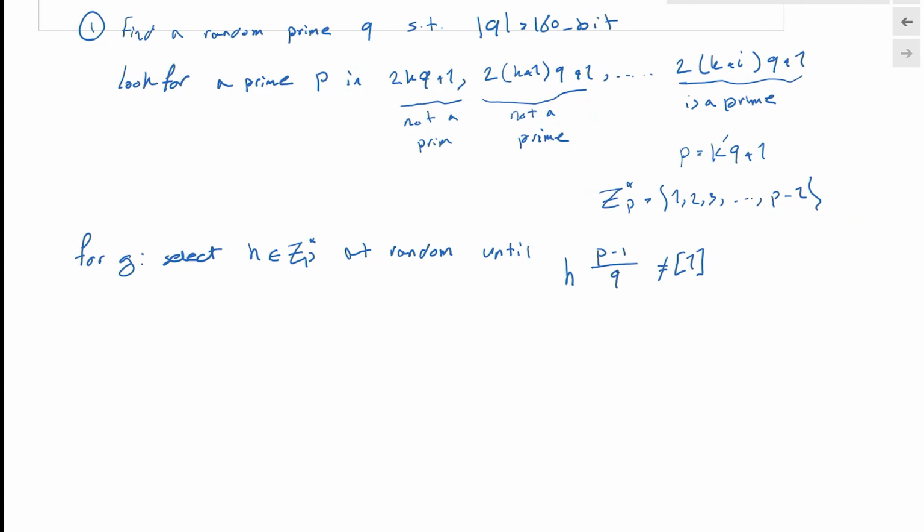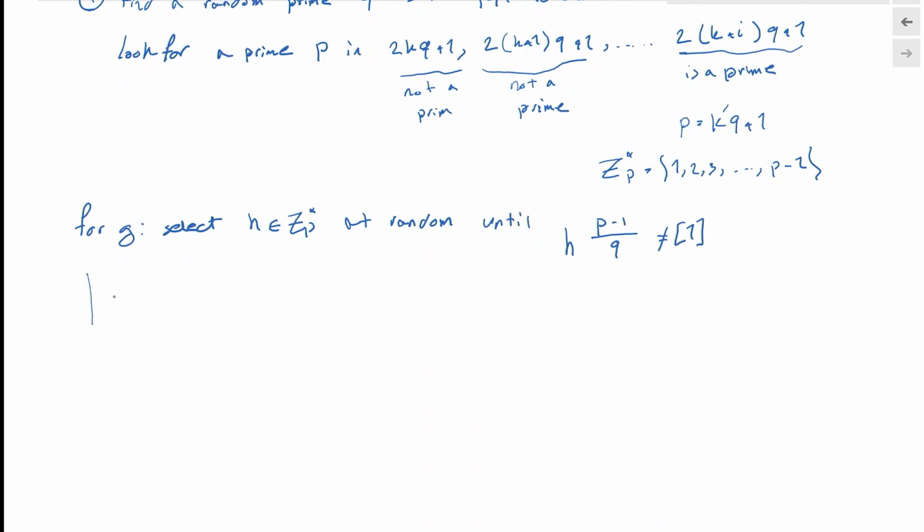Remember, if H is in this group ZP, then raising it to the power P minus 1 would become 1. But we are hoping that H is in the subgroup GQ. The order of this group GQ is going to be Q, so if you take some G to the power Q, that should become 1, right?